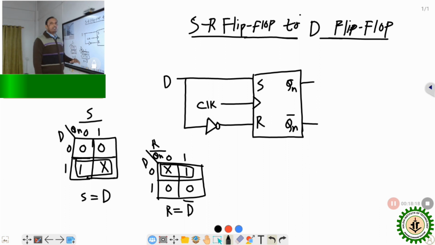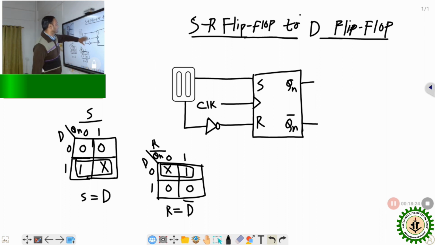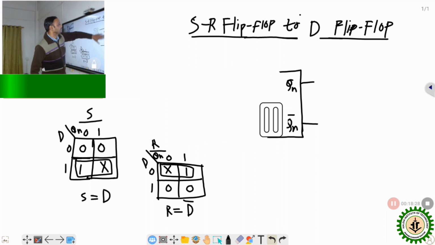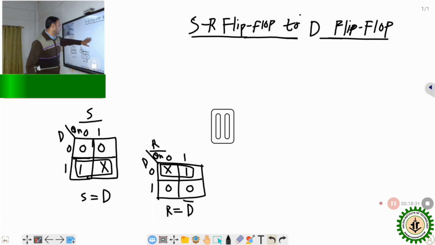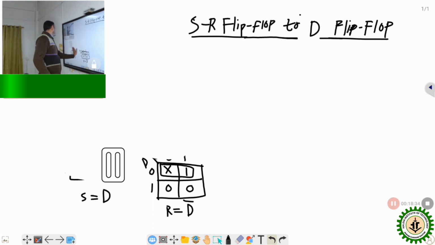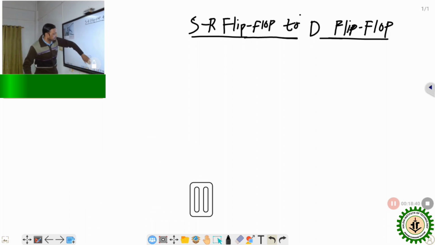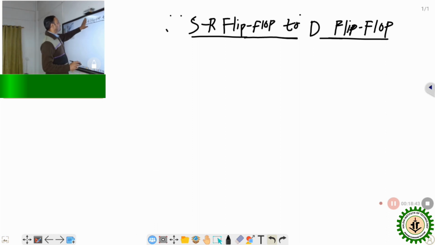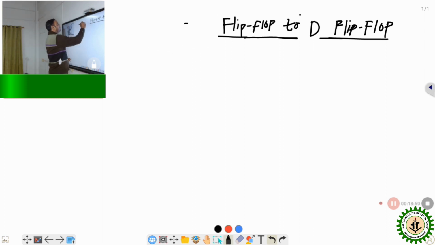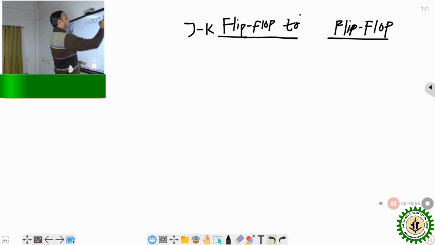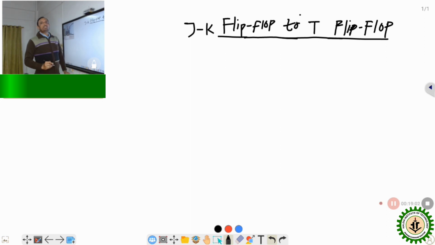Now another example, which is JK flip-flop to T flip-flop, which is also a very important conversion. JK flip-flop to T flip-flop.